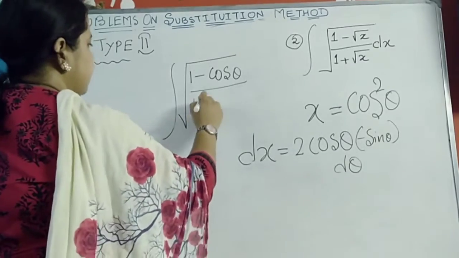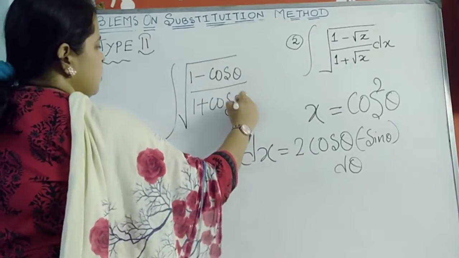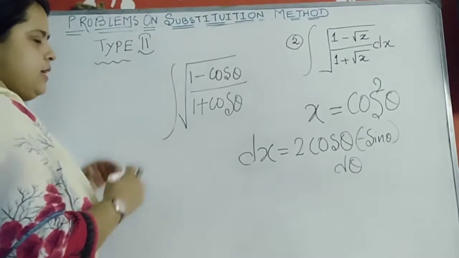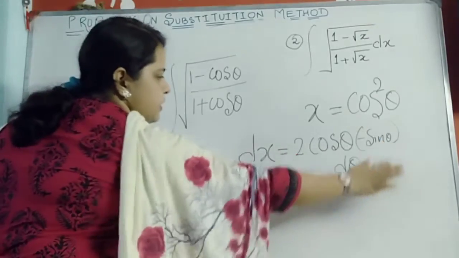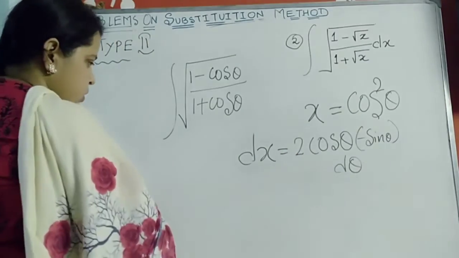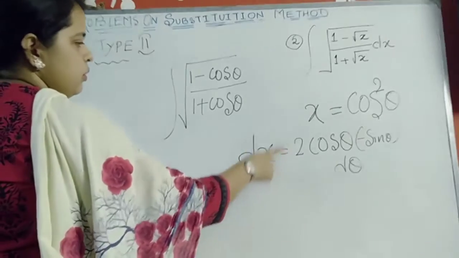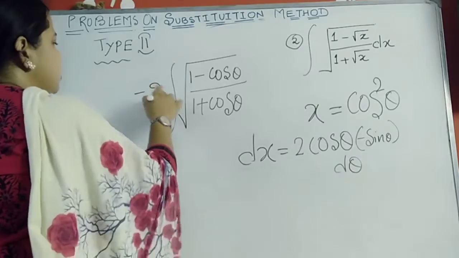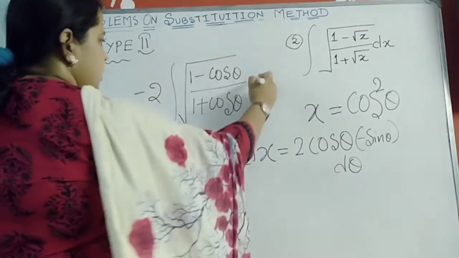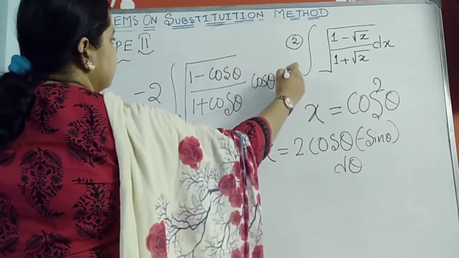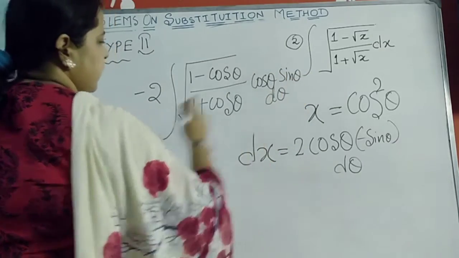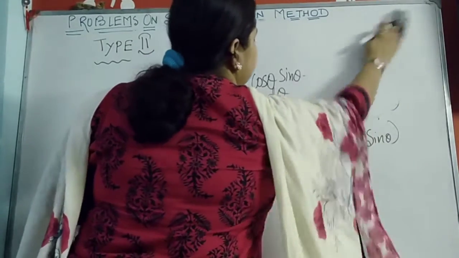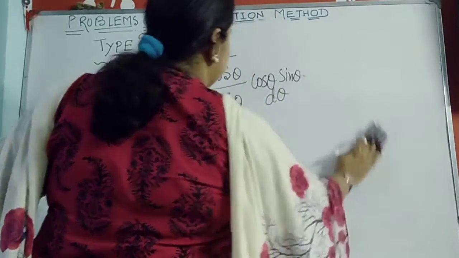Once more I'm telling you this one. Now in the place of dx, substitute everything here. So what is it? 2 cos theta, minus, let me take minus 2 outside, and cos theta and sin theta and d theta. I'm erasing this extra thing. I hope that part, that work is over.